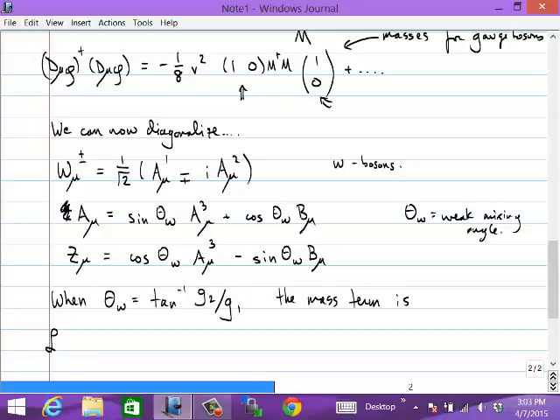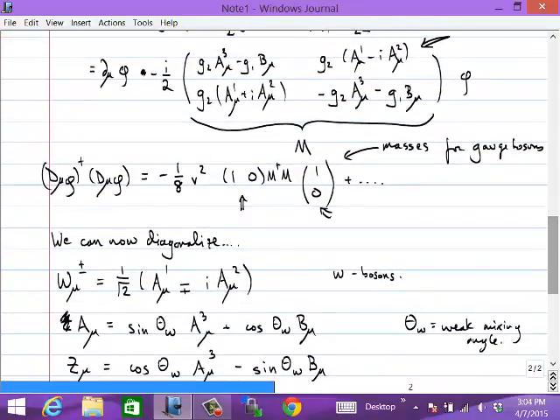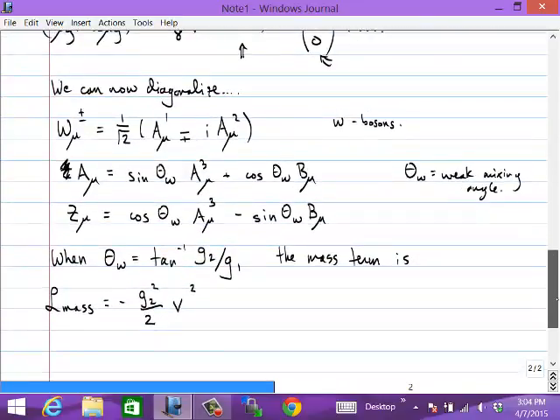Writing it out a little more explicitly, we can pull out a factor of G2, because remember, almost all of the coefficients in this matrix M were proportional to G2. We only get some factors of G1 over G2 appearing, which is otherwise known as the sine of the weak mixing angle, or 1 over the cosine of the weak mixing angle. And so we get, well, what is that?